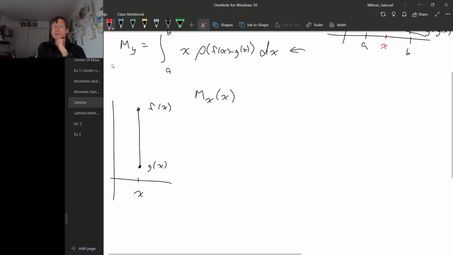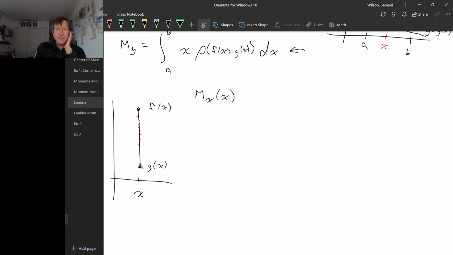What we're going to have to do is break this slice up into many pieces, because all of these pieces, as we move upwards, are at different distances from the x-axis, which is the axis of rotation for our moment calculation here.